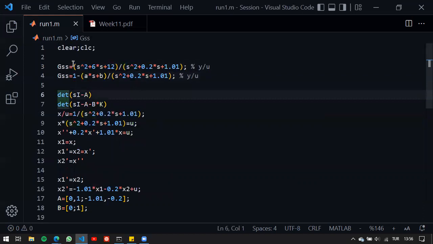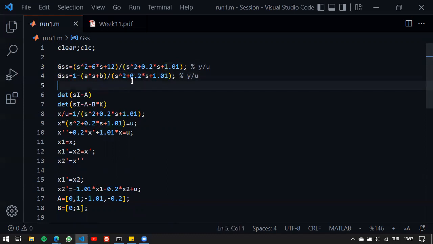So instead of using s squared plus 6s plus 12 divided by s squared plus 0.2s plus 101, I see that there's s squared here and s squared here. So I can just decompose it into 1 plus As plus B divided by s squared plus 0.2s plus 101. And here this 1 came up from s squared divided by s squared. So the highest term division gives me basically the direct path. So the D term will be 1.